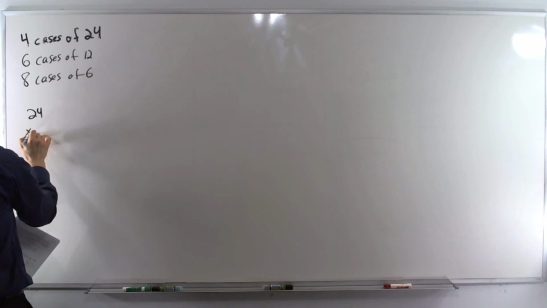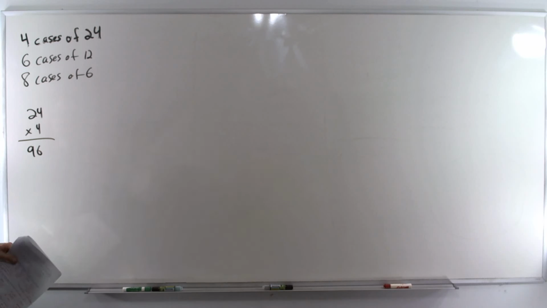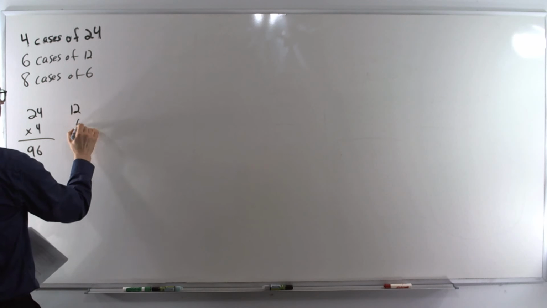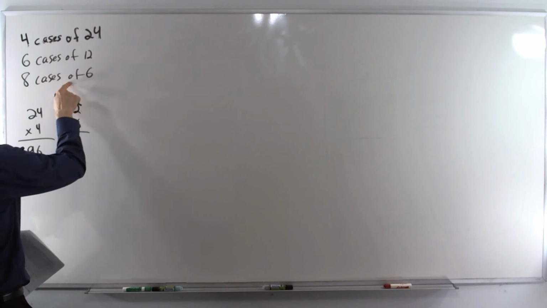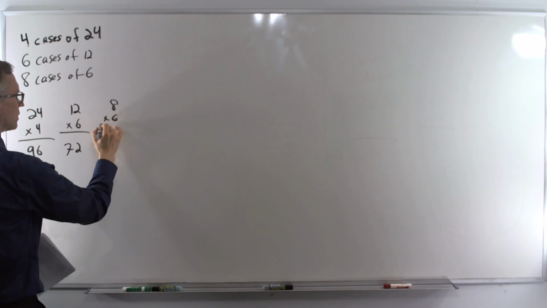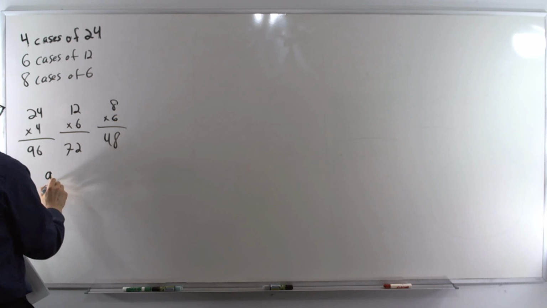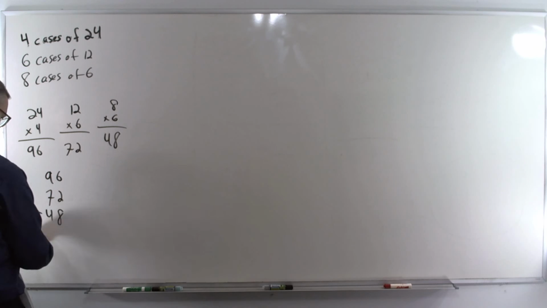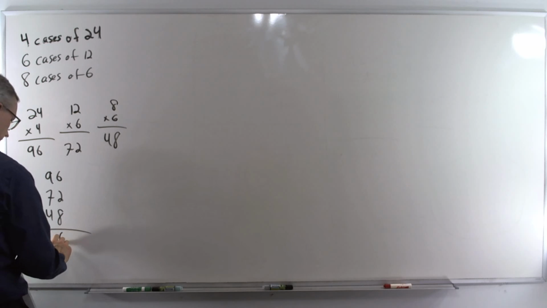So we got 24 times 4, 96. And then we'll do 6 cases of 12, so that's 12 times 6. That gives us 72. And then 8 times 6, 48. Now we'll add all these together to get the total. 10, 16, carry the 1.